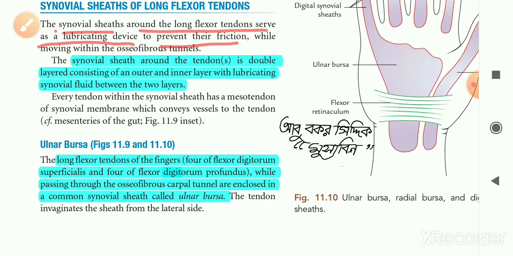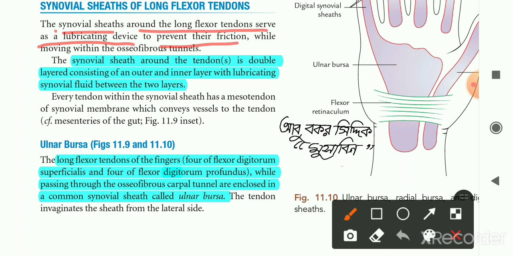Covering the tendons, there are layers of synovial sheaths, and they contain synovial fluid, and this layer of fluid prevents friction of the tendons during movement. So let's see what it is. The synovial sheaths around the long flexor tendons serve as a lubricating device to prevent their friction while they move in the osteofibrous tunnel or carpal tunnel.